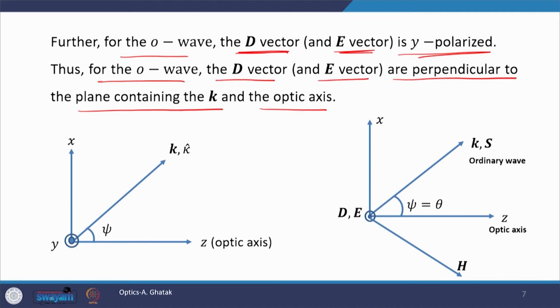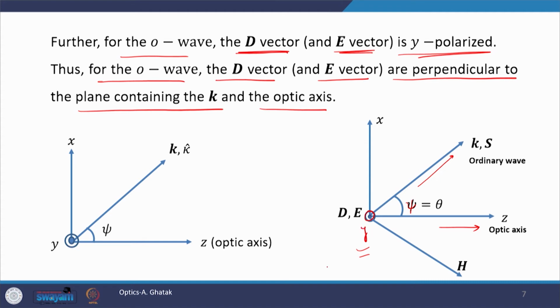The wave vector k and optic axis form a plane, and D and E they both are perpendicular to this plane, which is shown here in this figure. See, z is the direction of the optic axis, k is the wave vector propagation direction, the orientation psi is equal to theta here, and both D and E are along y.